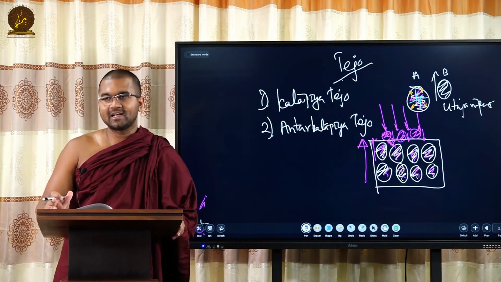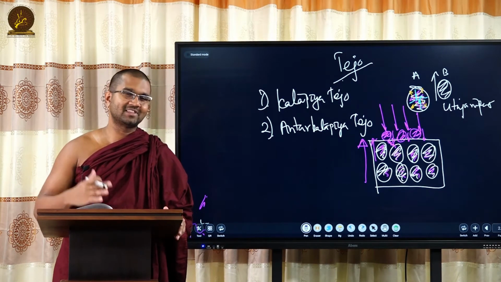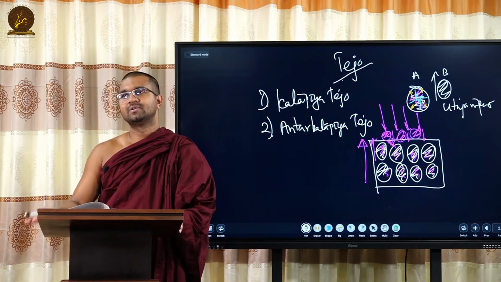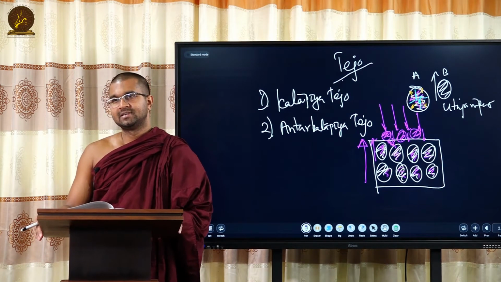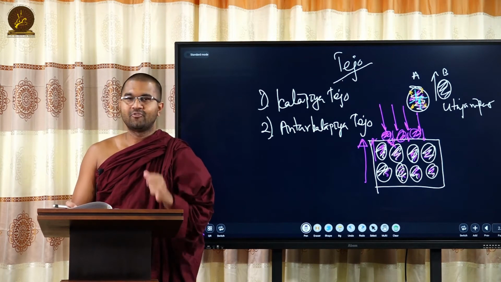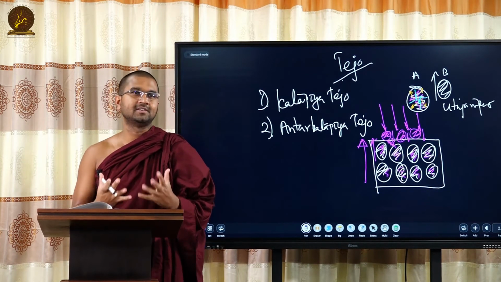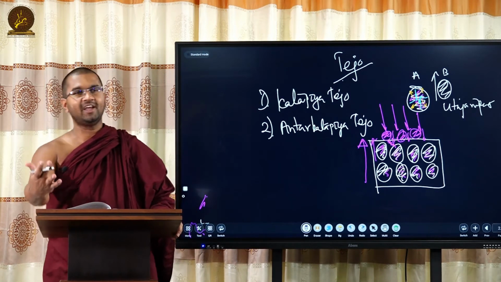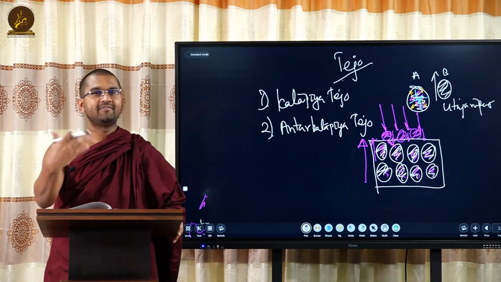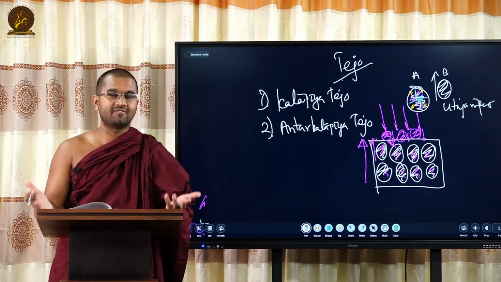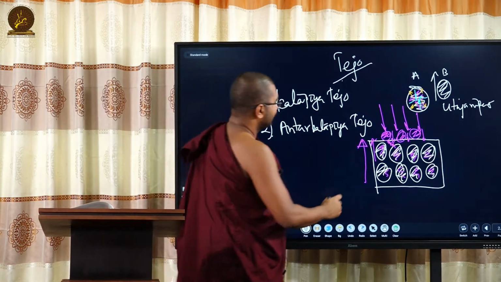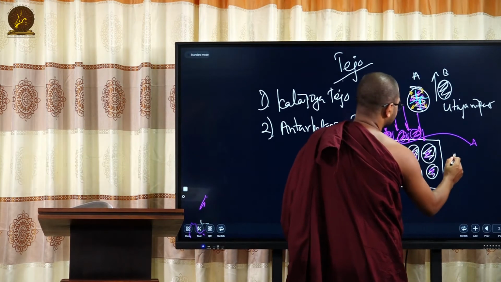Whether we call it antarakalapiya tejo or just kalapiya tejo, it doesn't matter; somehow the effect is seen. Otherwise, if our four Mahabhutas were only confined to the kalapas, how could the tejo of a certain kalapa affect another kalapa? So it shows that this is what I am talking about as antarakalapiya tejo.